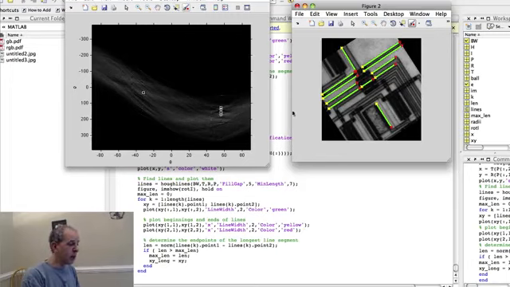There are others, just their votes are weaker, and we need to decide to put a threshold in the accumulator. We might put a threshold that says, don't give me any line that has less than a certain amount of votes, or we can say, give me the 10 top lines, give me the 5 top lines, or anything that is application dependent.